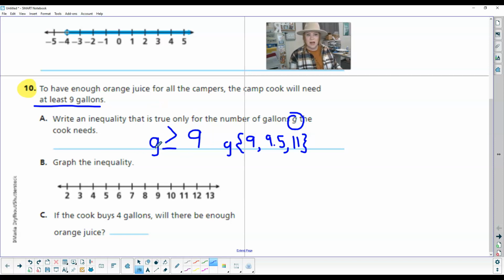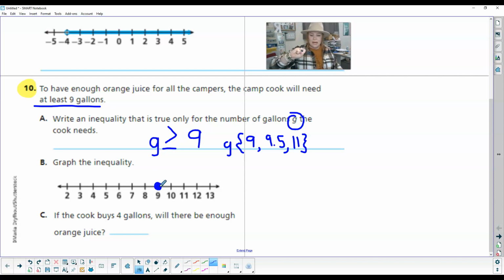Now I'm going to graph this inequality. I'm going to put a big circle on the 9. Now I need to decide, should it be open or closed? We're including 9, right? We're wrapping it up into that 9. That garage door is shut, so we're filling it in. I cannot see into the garage.